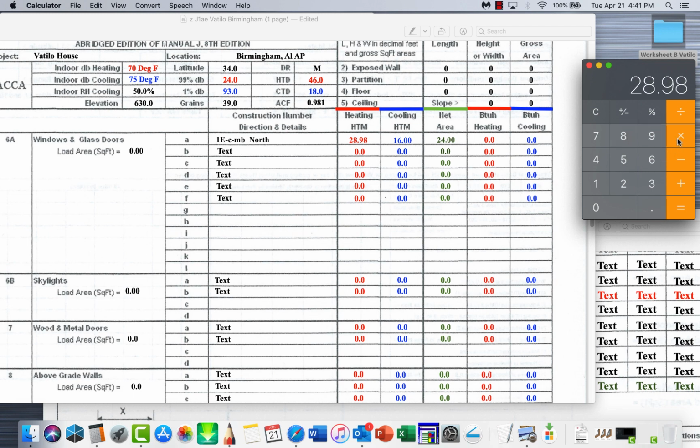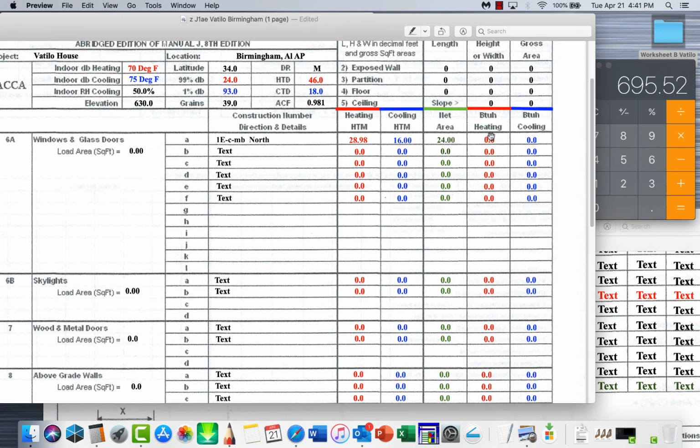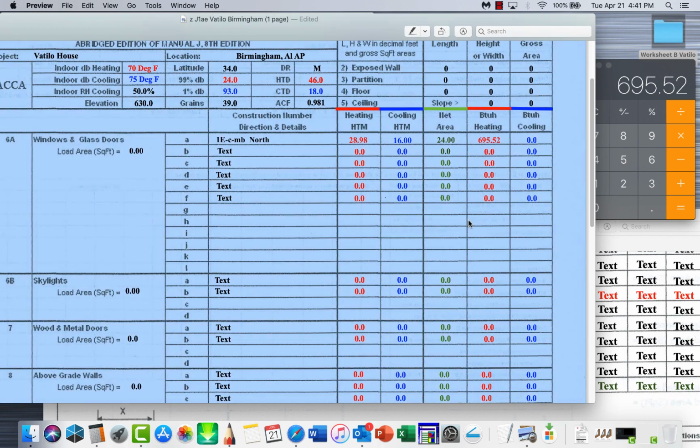That's my heating times 24 square foot. Gives me 695.52 BTUs of heat for that window.